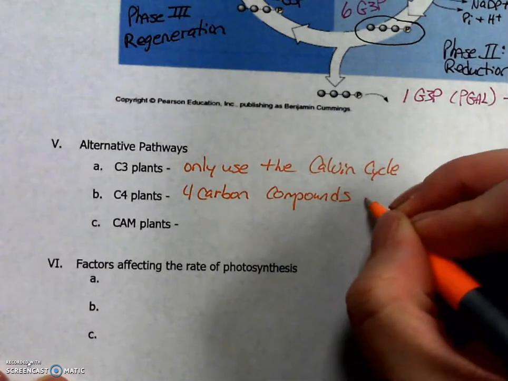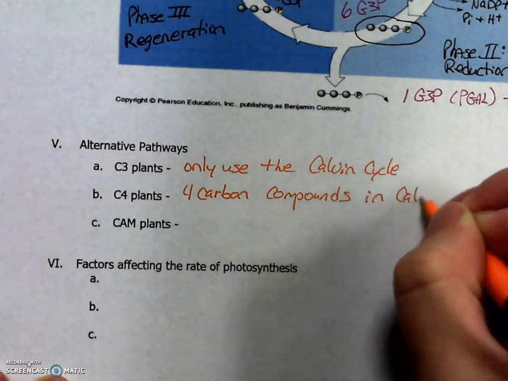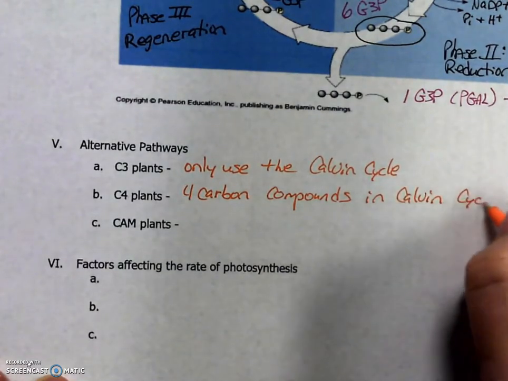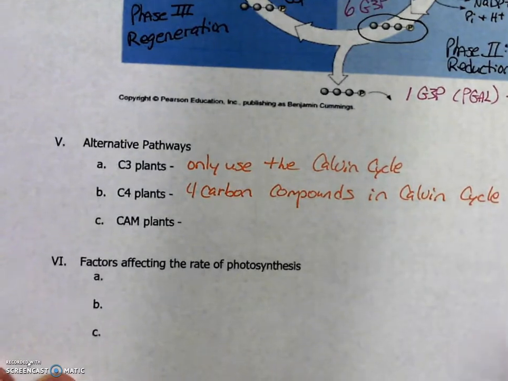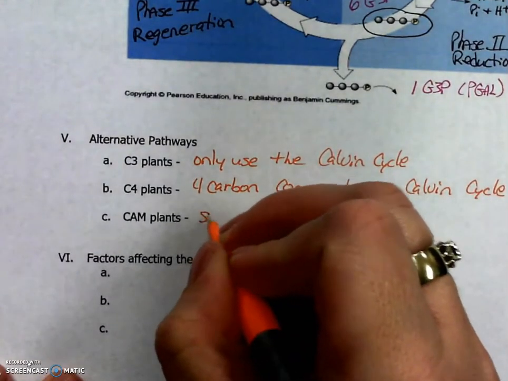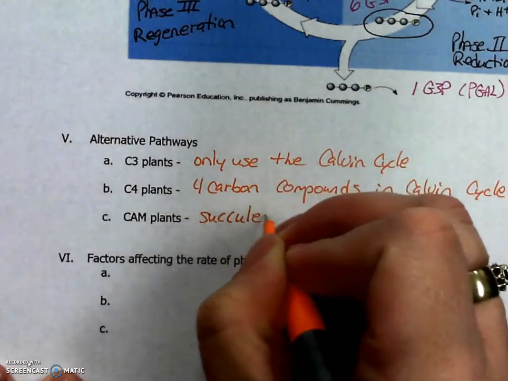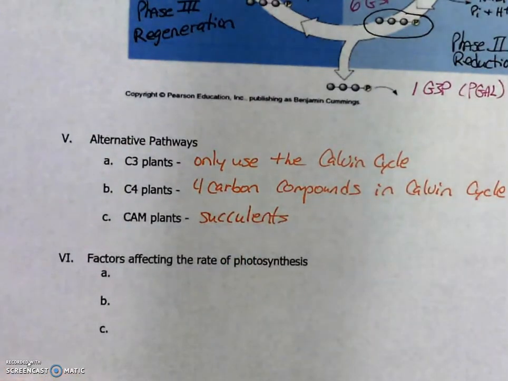And that's found in the Calvin cycle as well. And then we have CAM plants. CAM plants are commonly known as succulents. Those are the ones that you see all over now that are really small, and you sometimes call them air plants, or they are your cactuses and those types of plants that don't need a lot of water at one time.